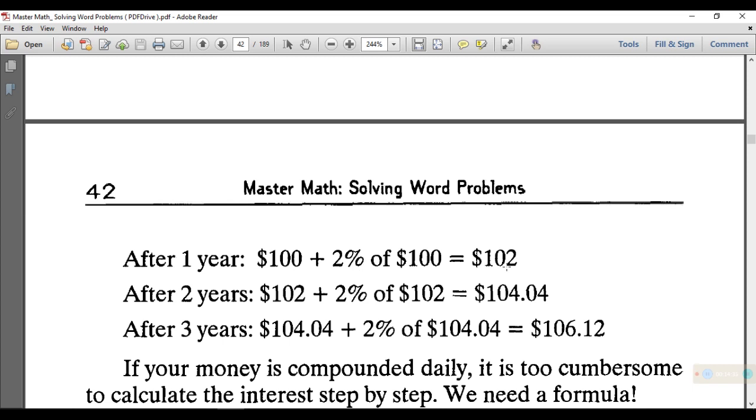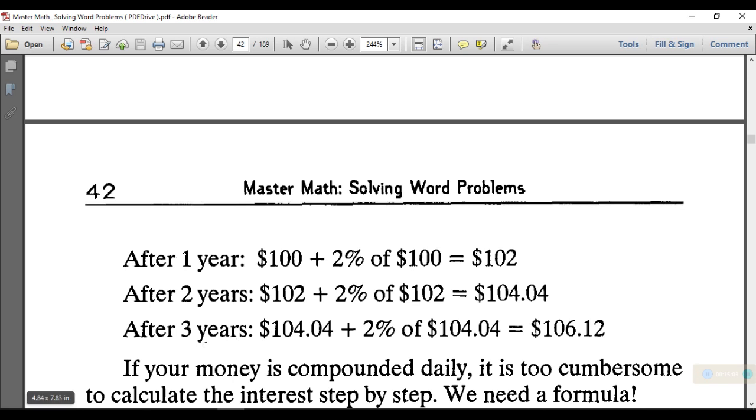So, instead of using $100 plus the 2% interest, ang gagamitin mo na ay yung total value mo at the end of the year na $102. So, $102 plus 2% ulit of 102. So that is 2.04. So meron ka 102 plus 2.04 or $104.04.